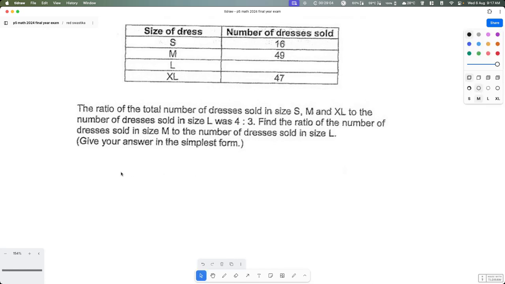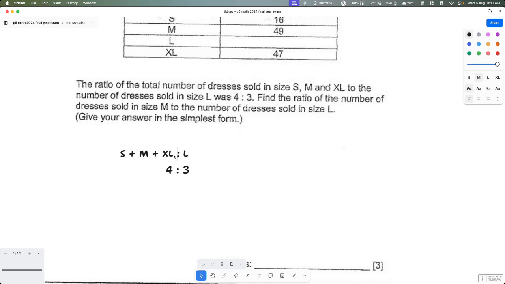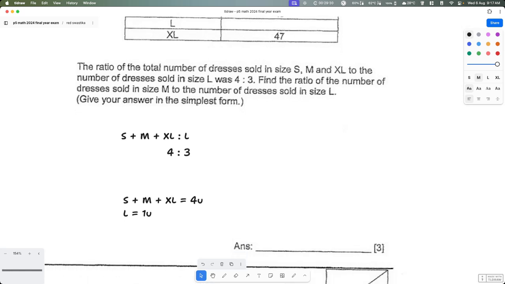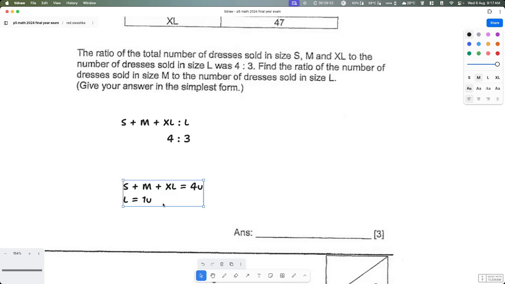Find the ratio of the number of dresses sold in size M to the number of dresses sold in size L. So we know S plus M plus XL to the ratio of L is 4 is to 3. So S, M, XL over here is equal to 4 units, and L is equal to 3 units. We want to get the SML total.